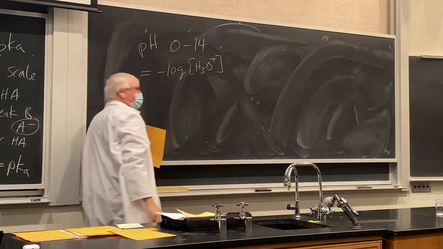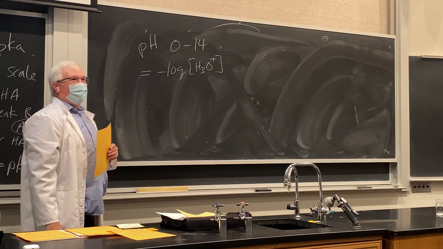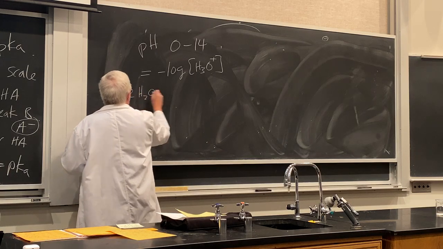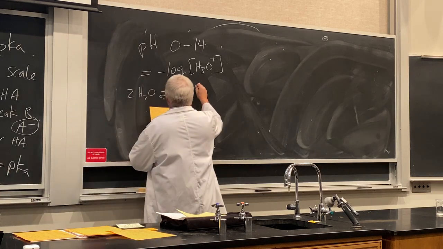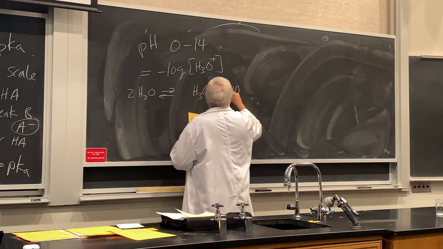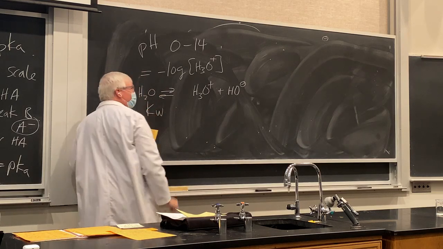So you got to remember a little bit of Gen Chem there, acid-base theory. Water can function as an acid or a base. Water can disproportionate equilibrium-wise into hydronium ion plus hydroxide, right?